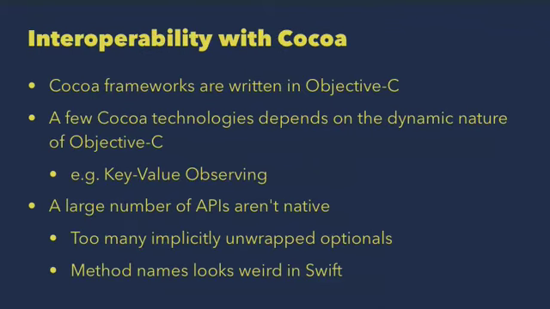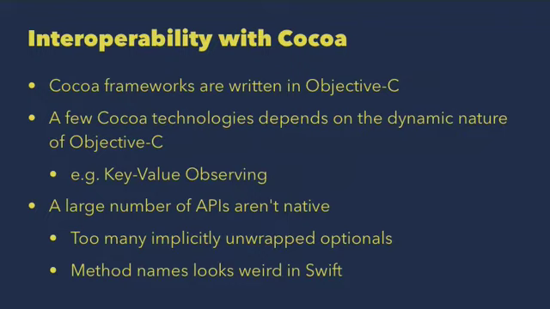So another reason is the interoperability with Cocoa. This one, I think, is very hard to change because the Cocoa framework itself is written in Objective-C, and a lot of the design patterns and architectures are built based on the features of Objective-C. For example, a few Cocoa technologies depend on the dynamic nature of Objective-C, for example, key-value observing.